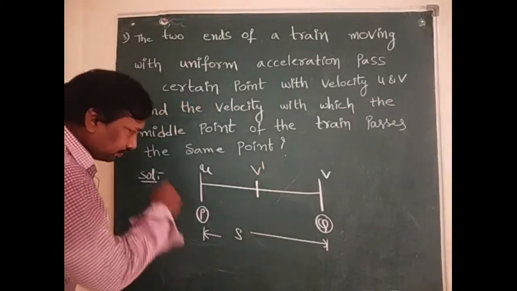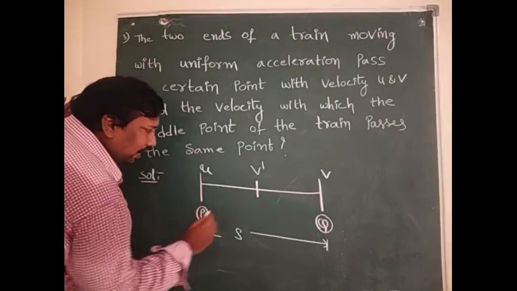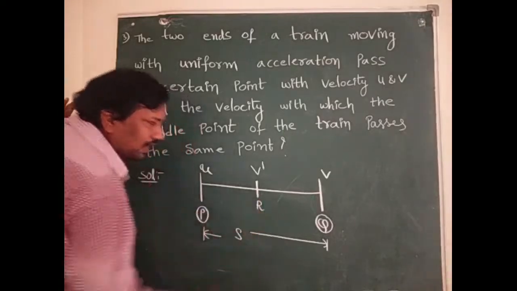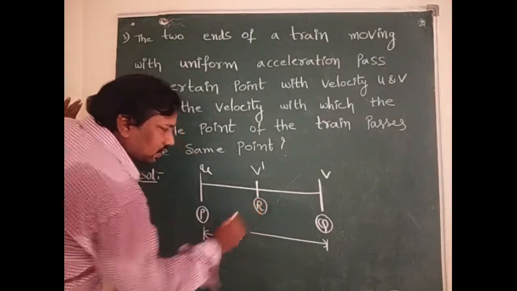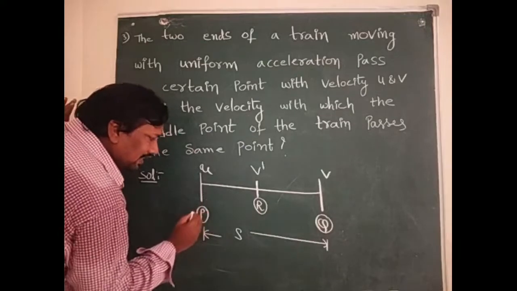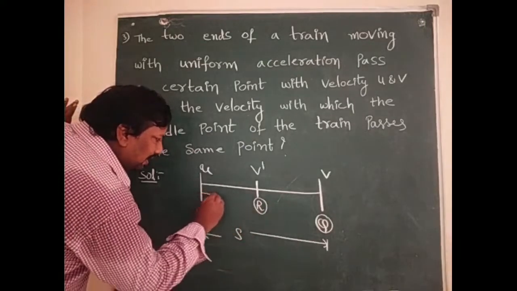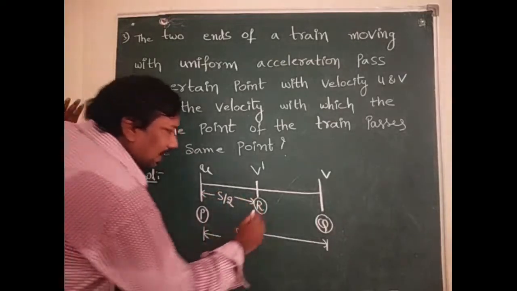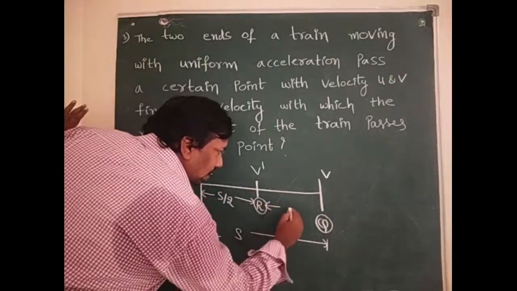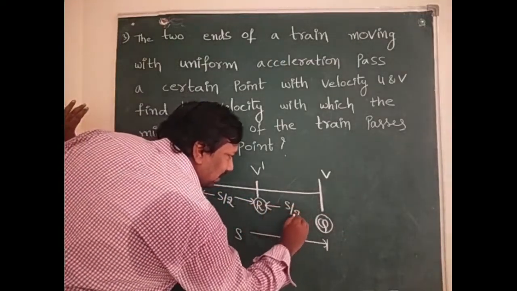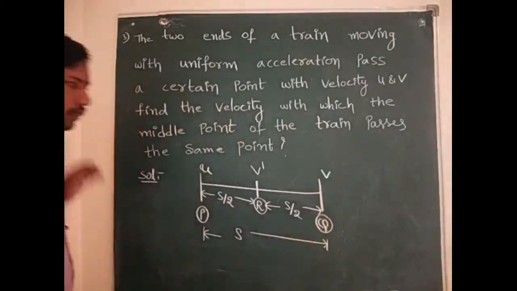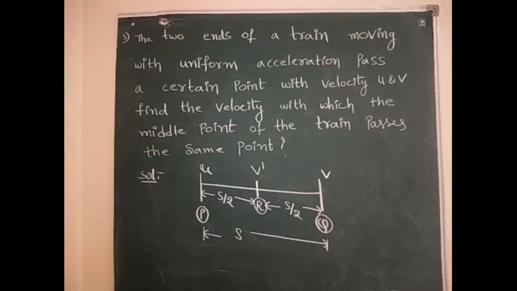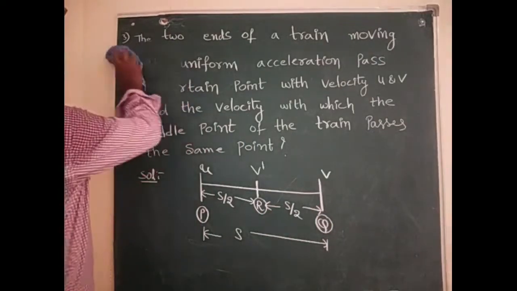Here the middle point you can treat as R. So the distance from P to R is s by 2 and from R to Q the displacement is s by 2.